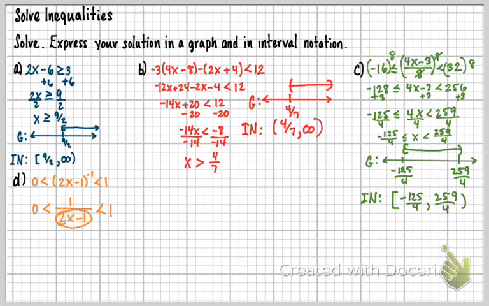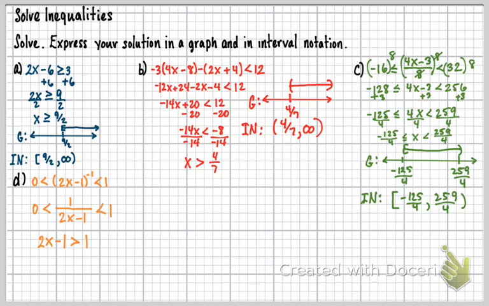So that bottom expression has to be greater than 1. So I'm just going to write that: 2x minus 1 has to be greater than 1. Because if it was 1, they'd be the same, and I'd have 1 over 1, which is not less than 1. So I need that to be greater than 1.